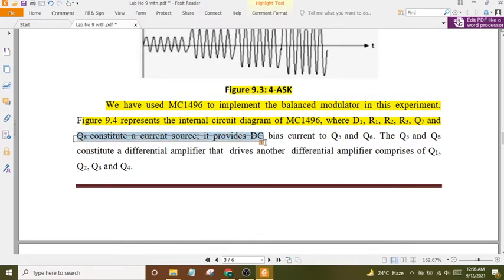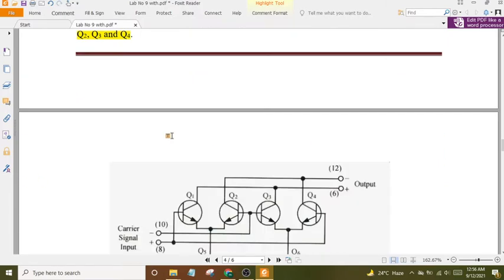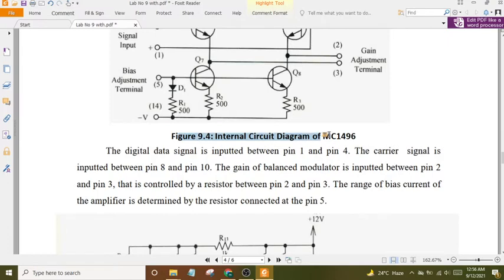It provides bias current to Q5 and Q6. Q5 and Q6 constitute a differential amplifier that drives another differential amplifier comprised of Q1, Q2, Q3 and Q4.